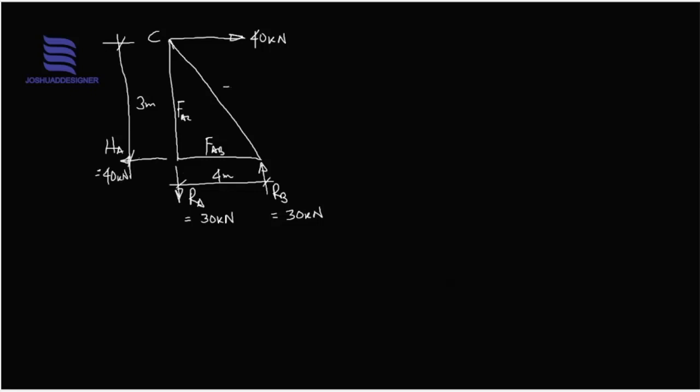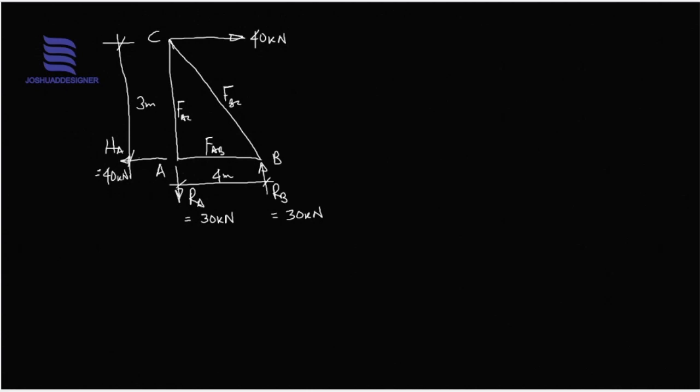And we do not know that on FBC. If we pick joint B, it will be correct. If we pick joint A, it will be correct. There are also 2 unknowns there. If we pick joint C, it will be correct. There are also 2 unknowns at that particular joint. So it means we can start from wherever we choose to.